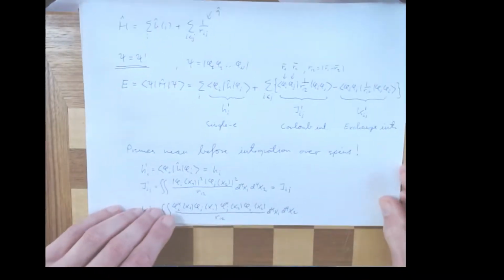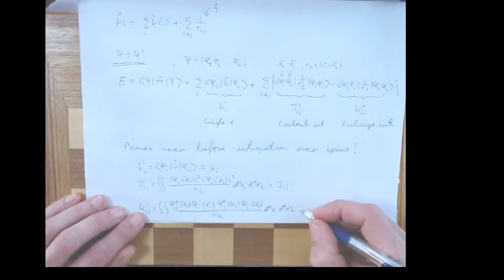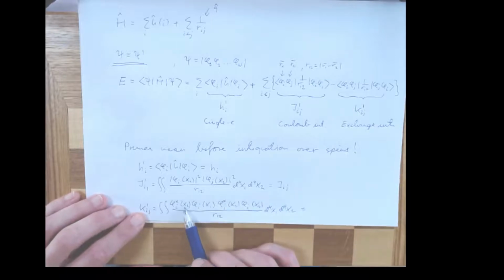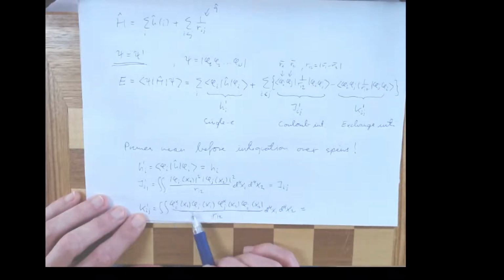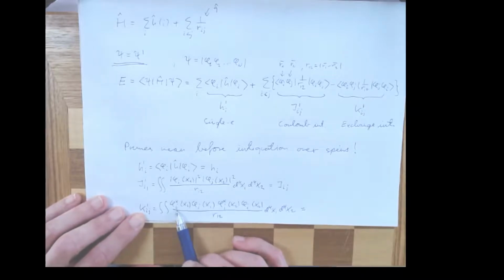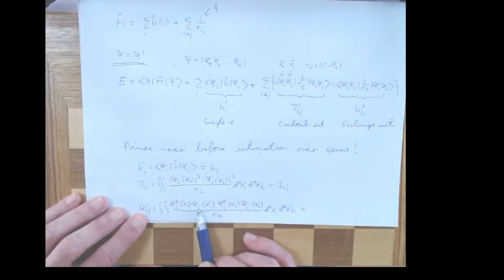And now you see that this is a different situation, because now I have phi i against phi j with the same argument, and there's no guarantee that the spin parts of i and j are the same. And it's in fact the same over here. It's i against j with one particular argument. So there's a chance that this integral will actually vanish.